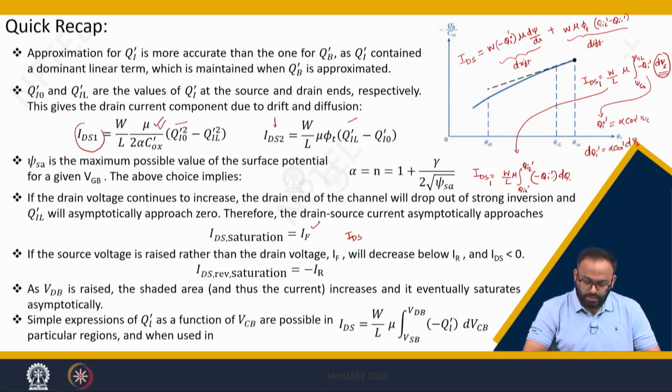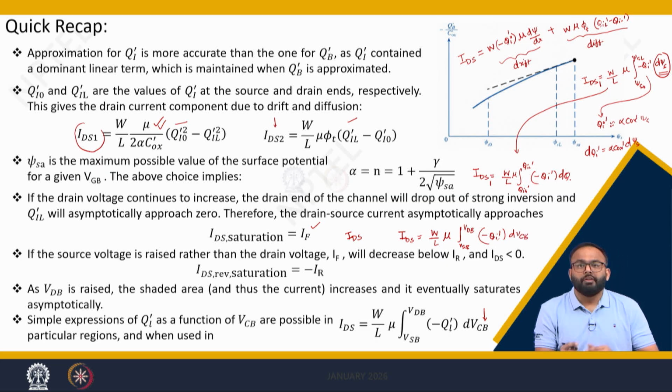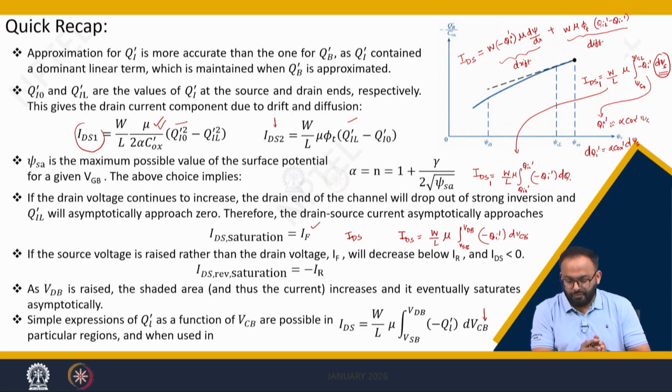Further, we have also said that the better approach to represent our drain current equation is in terms of quasi-Fermi potential, meaning if you apply V CB voltage, then I can simply replace my current equation in terms of W divided by L mu into the integral from V SB to V DB of minus Q I dash into dV CB, where V CB is a voltage which is a function of x.